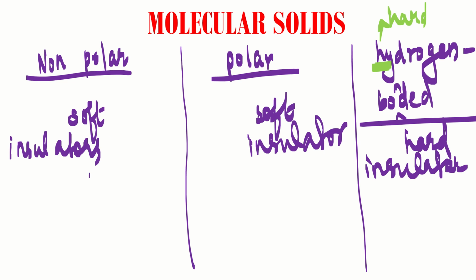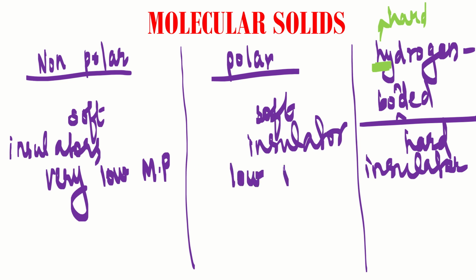Then coming to melting point: non-polar molecular solids have a very low melting point. Polar is low, we can't say very low, it is just a low melting point. Hydrogen bonded also has a low melting point.